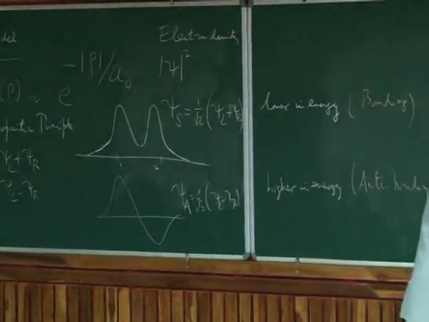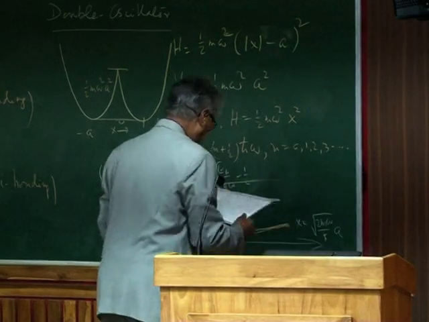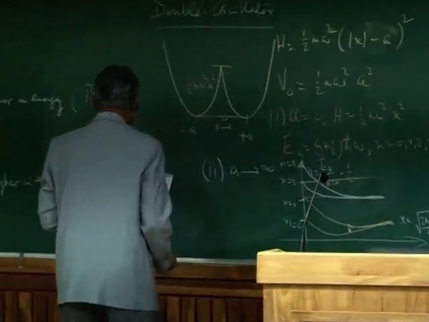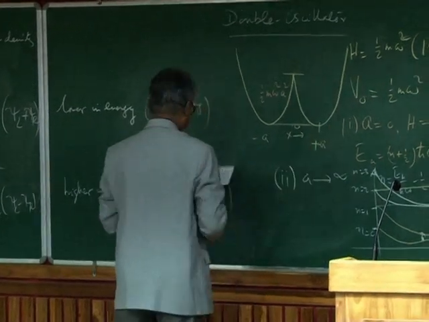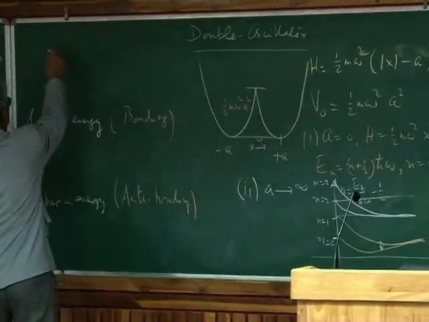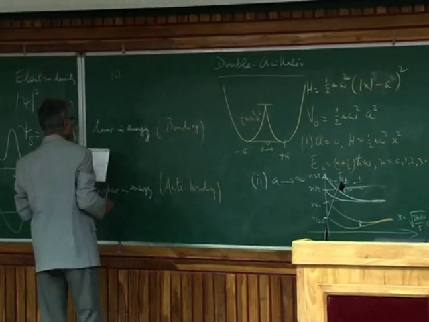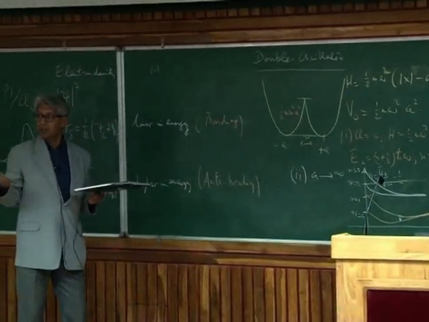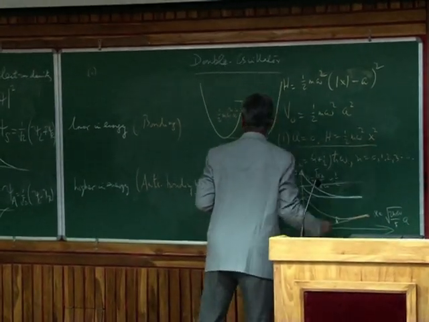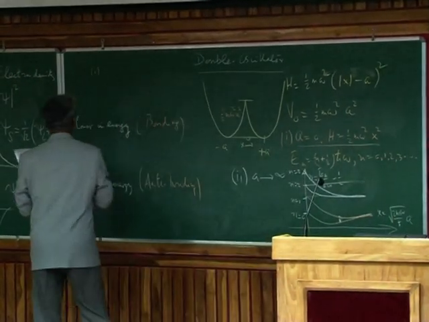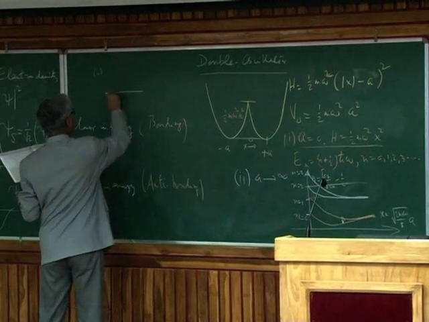Okay. So what are the wave functions? As we said, now let's look at case 1. For case 1, you have all studied a single harmonic oscillator, right? This is this problem now. For case 1, the ground state wave function is a Gaussian.